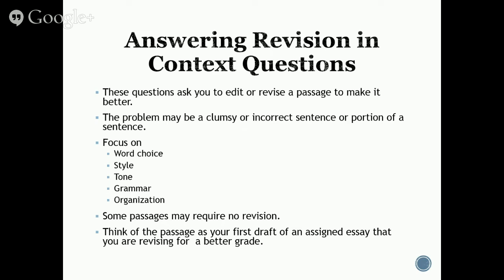It is okay to say, no, there's not a mistake. Think of the passage as your first draft of an assigned essay that you're revising for a better grade. So again, always read the passage first before you try to answer the question based on the highlighted sentence, because you're going to need that context when you're answering the question.